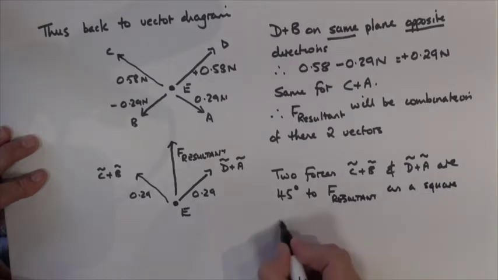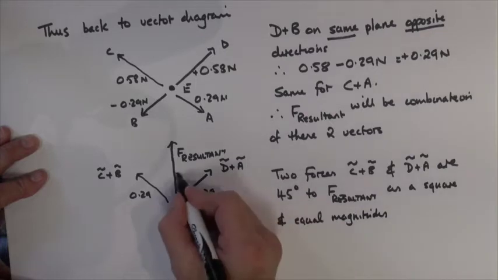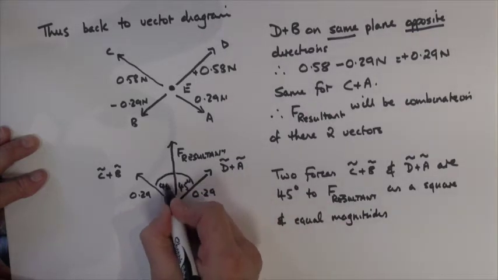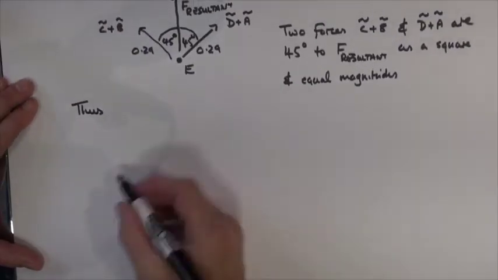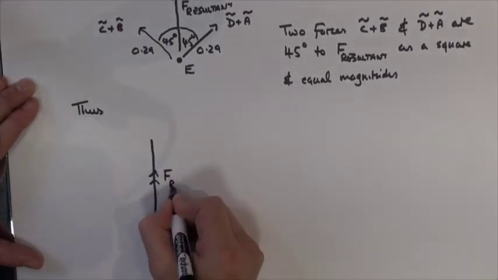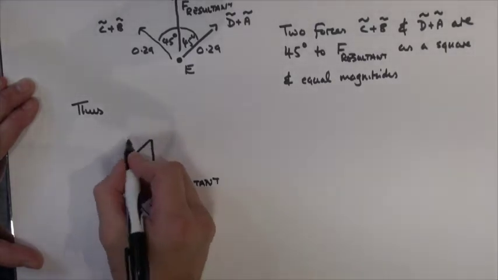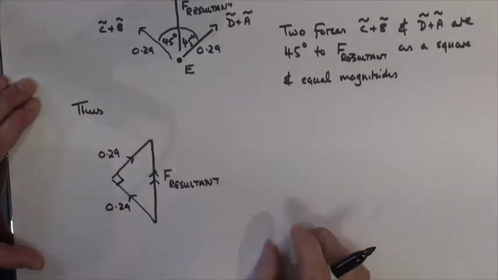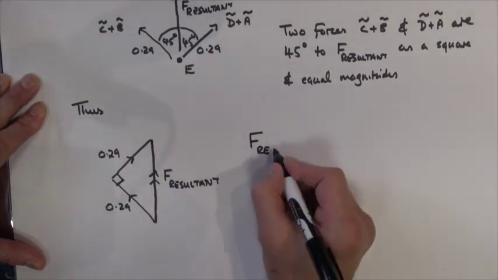As both are at 45 degrees and they're a square, these two vectors form a right-angled triangle. We can draw a vector triangle made up of these two forces. Our resultant will be made up of 0.29 and 0.29 at 45 degrees of each other. As a result, we get a right-angled triangle.